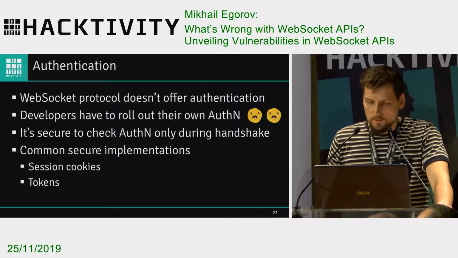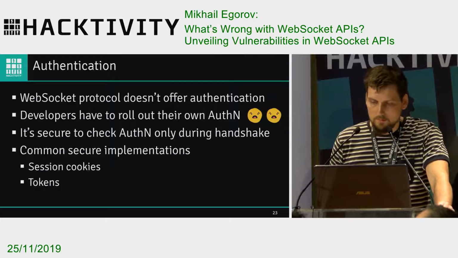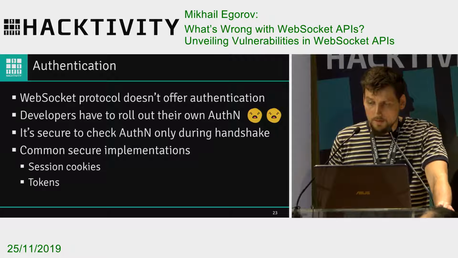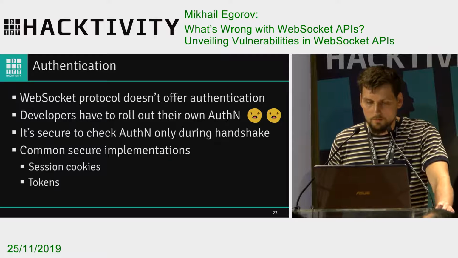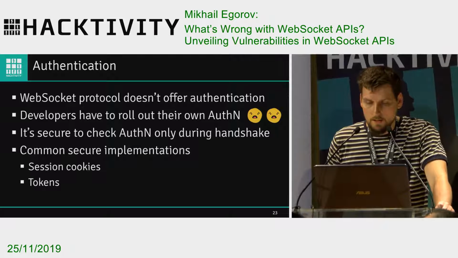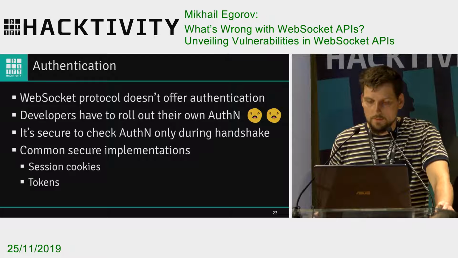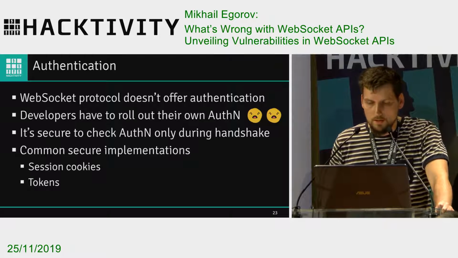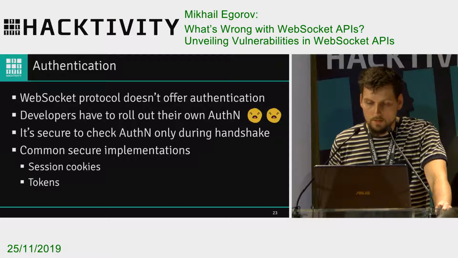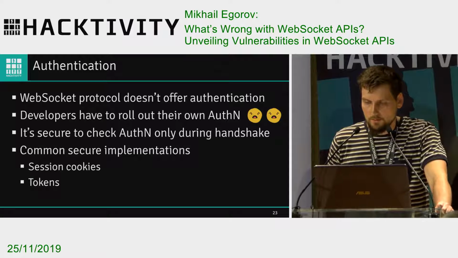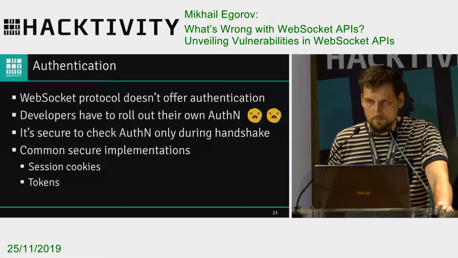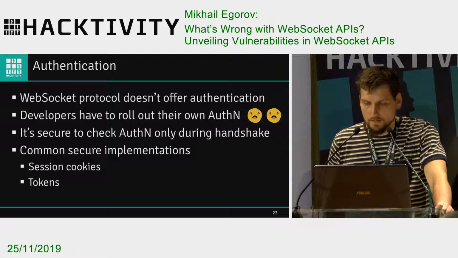I want to point out that it's rather secure to check authentication only during the handshake step, because the WebSocket protocol is stateful. You don't need to include authentication tokens in each message the client sends to the server.